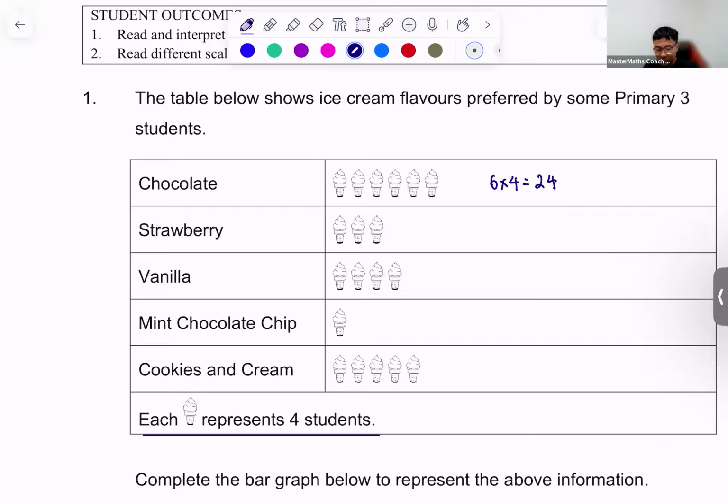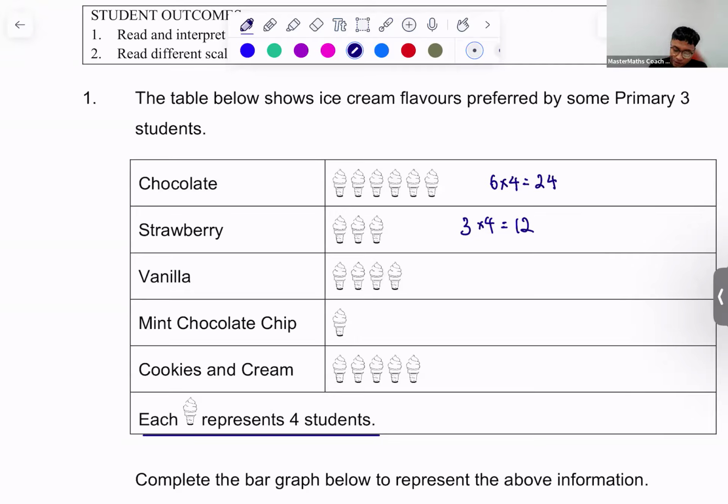Okay, moving on, we have the strawberry. Strawberry has 3 ice cream cones. So 3 times 4 students equals 12. Next we have vanilla.